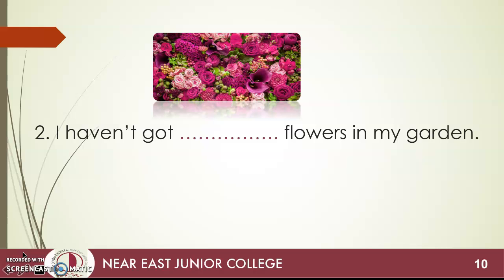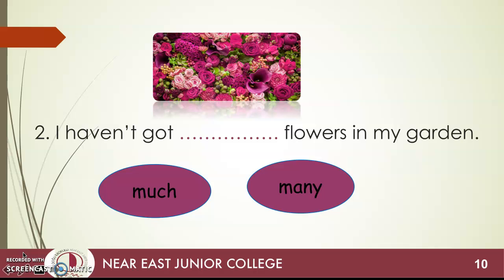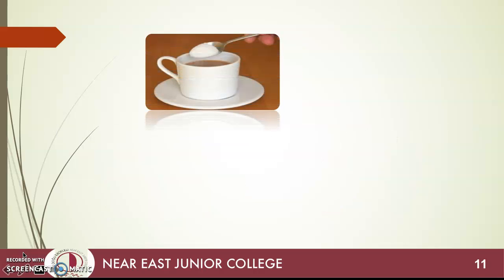2. I haven't got flowers in my garden. Is the answer much or many? Here, the answer is many, because this is a negative sentence and we can count flowers. Number 3.